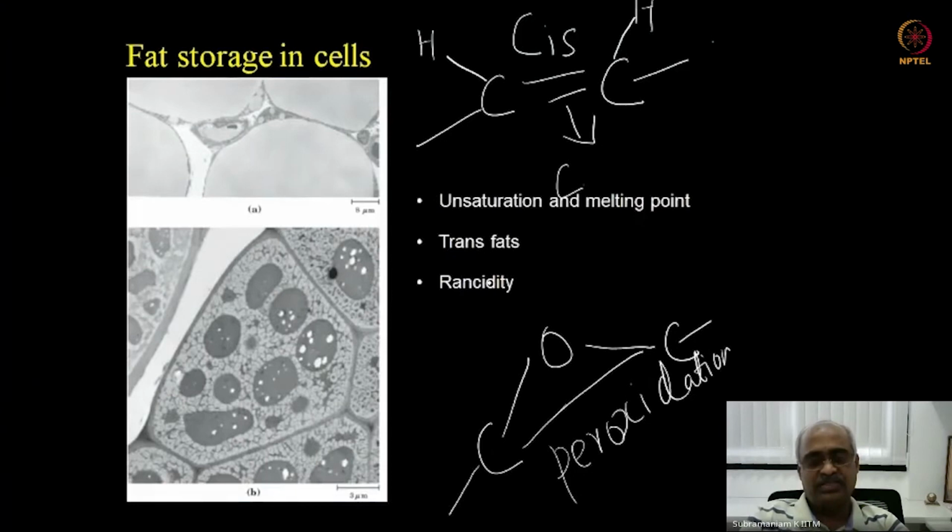And trans fats usually are a cause of this. So therefore trans fats are not good for health. And where do we get the trans fats normally from? There are two sources of trans fats. One, cattle, like cow sort of animals, their digestive system harbors bacteria that produce trans fats.